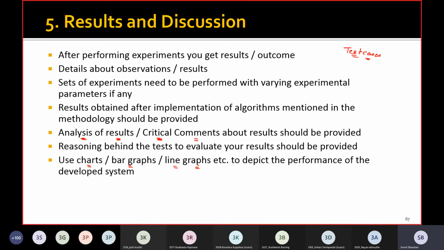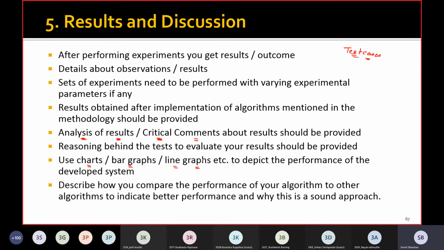Whatever performance metrics you are using, you should come up with some pictorial way to represent the performance of your system. I'll demonstrate how we should do that.